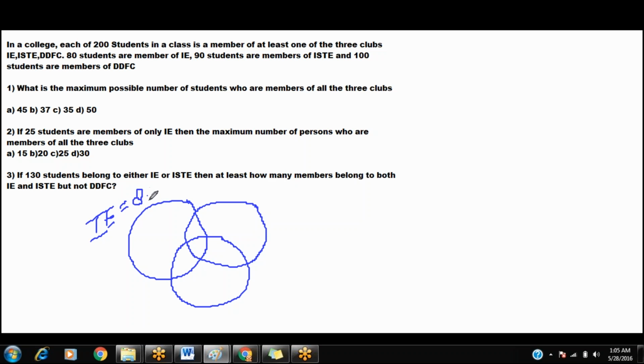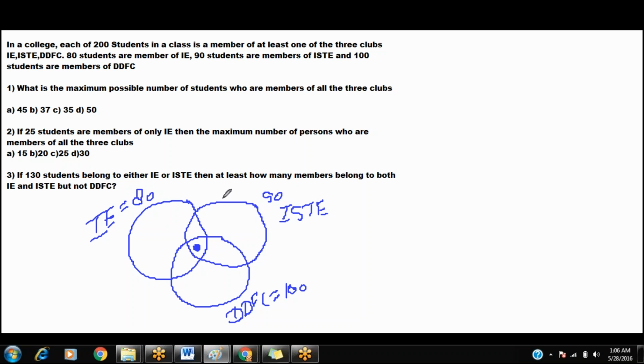Members in IE is equal to 80. This is ISTE. Members in ISTE is equal to 90. And this is DDFC. Members in DDFC is equal to 100. Now, what is the maximum possible number of students who joined all three clubs? We want to maximize this value. Now look at this question in another way.